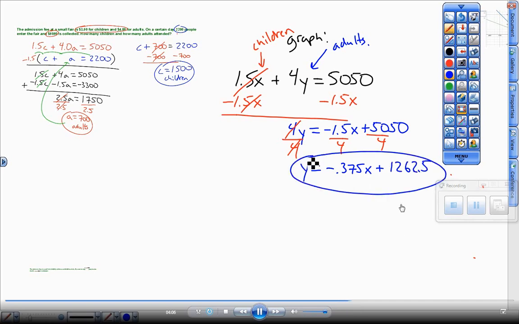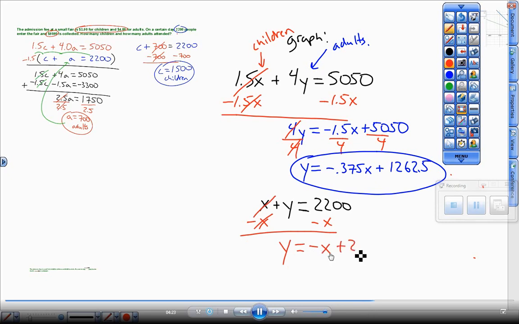That one's ready to graph. My other equation, solve for Y. X, number of children, plus Y, number of adults, equals 2,200. Take away X on both sides, and that will give me Y, number of adults, as a function of negative children plus 2,200.